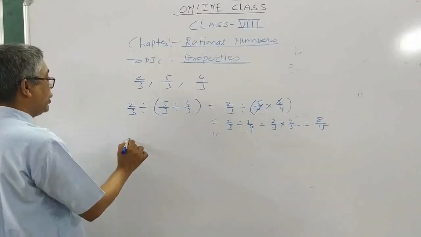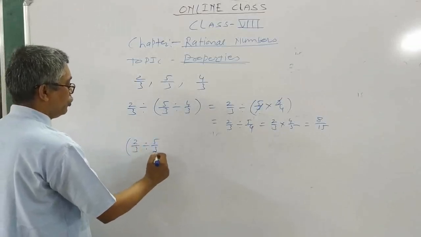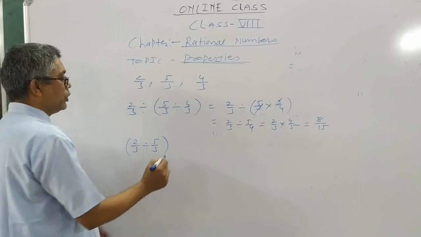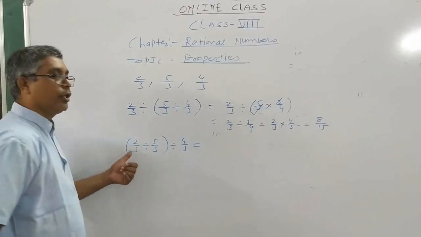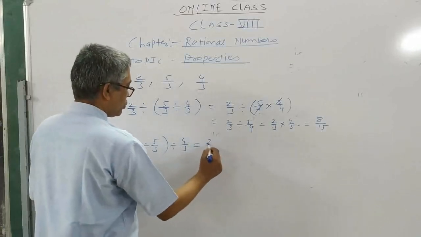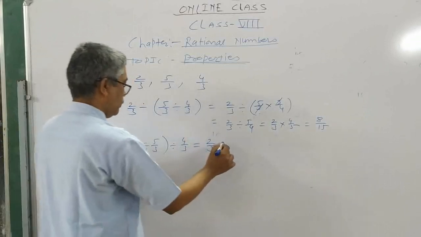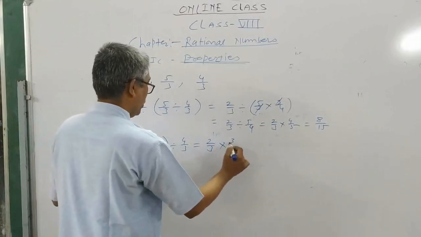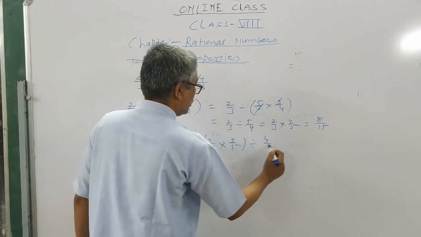Now we take the division of 2 by 3 and 5 by 3, and with this division we have to divide 4 by 3. So first we take the division of this bracket, that is 2 by 3 into 3 by 5, और फिर डिवाइड करेंगे 4 by 3 से.